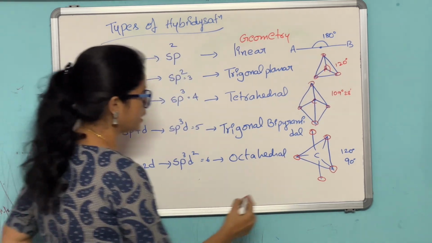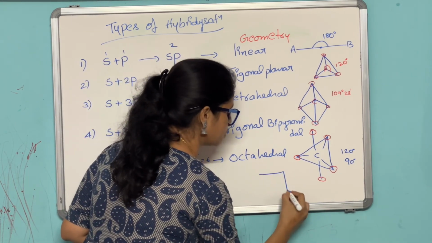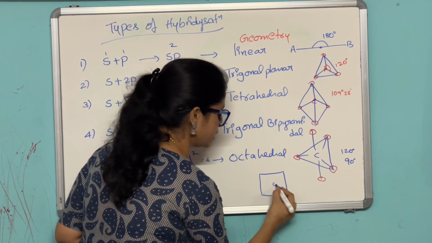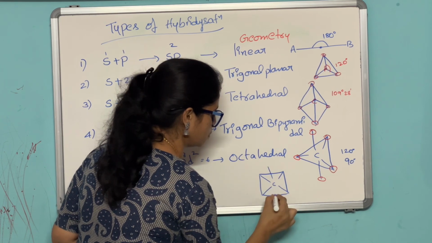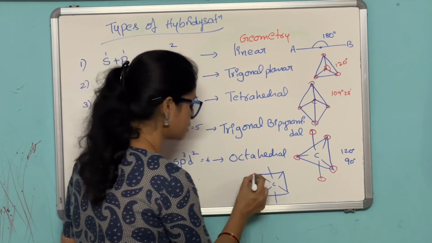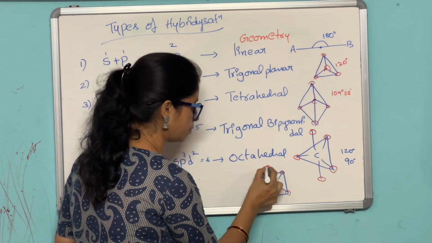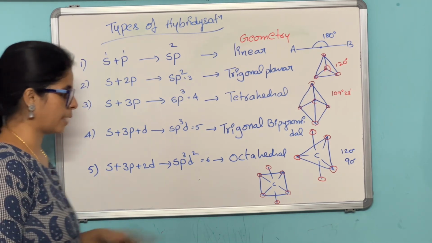And octahedral geometry will be like this. Here will be the central atom, like this. One atom below the plane and another atom above the plane.